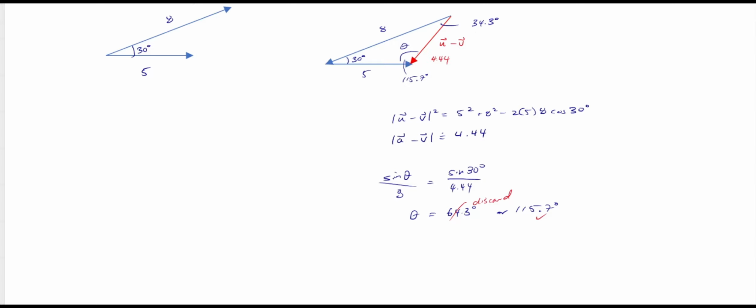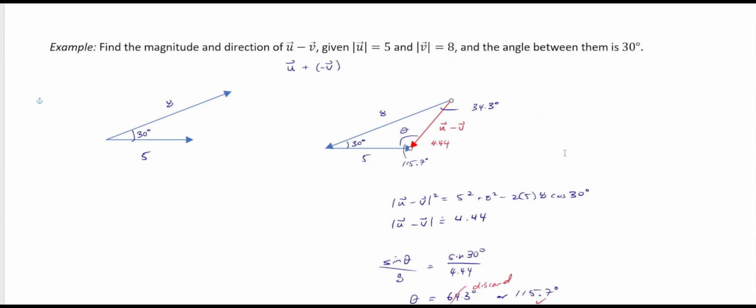Okay. All right, so if this angle is 34.3, what I need to do now is find the angle that this u minus v makes with the vectors u and v. So I'll take this vector right here, and I'll move this vector down here. Okay.